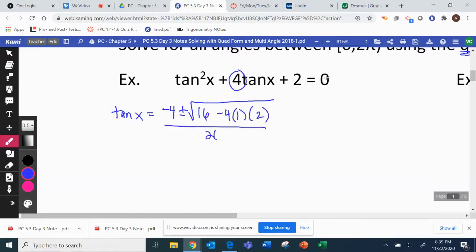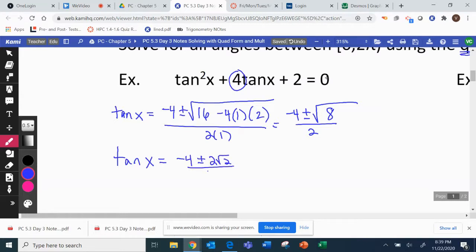all over 2a. So you'll see tangent x is equal to negative 4 plus or minus 16 minus 8, so 8, over 2. So I get tangent x equals negative 4 plus or minus 2 radical 2 over 2.